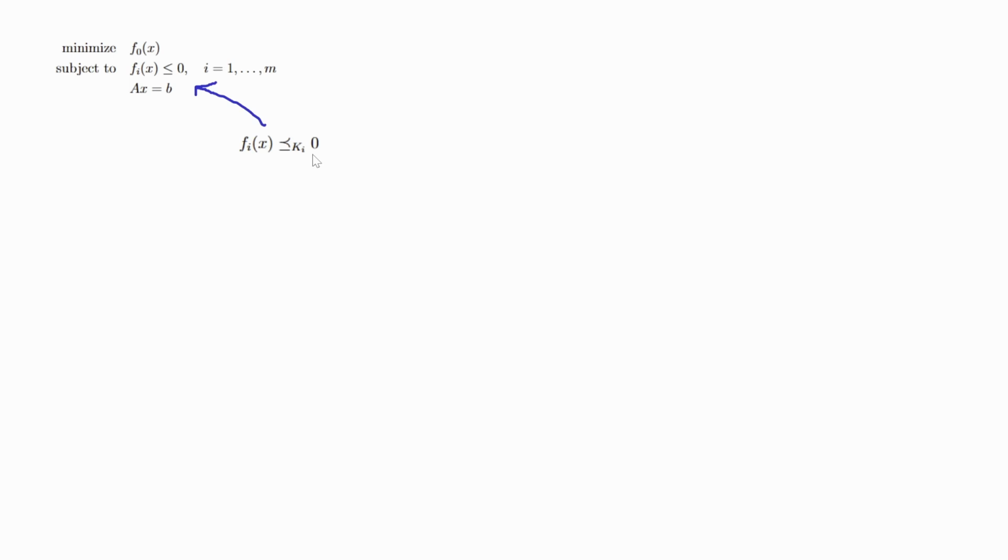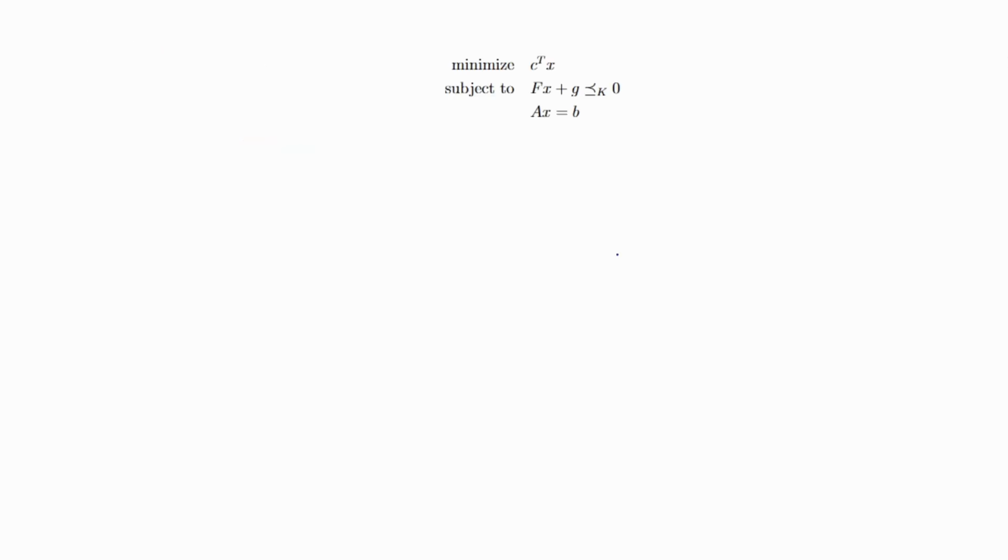The good news is that most of the results we already know still hold. Feasible and optimal sets are still convex, local optima are still global optima, and these problems can be readily solved with standard convex solvers. The simplest special case is the conic form problem. This is the conic form problem here.